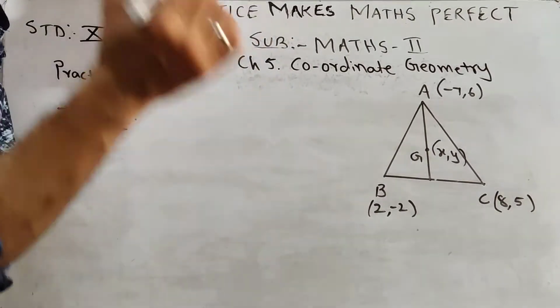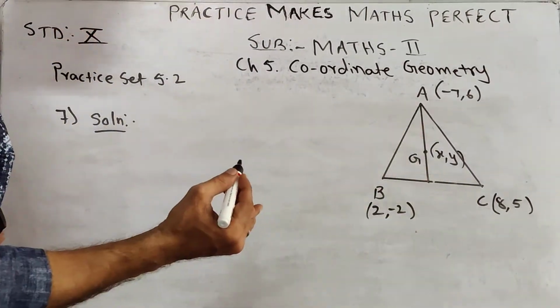The coordinate of the centroid is always (x, y).